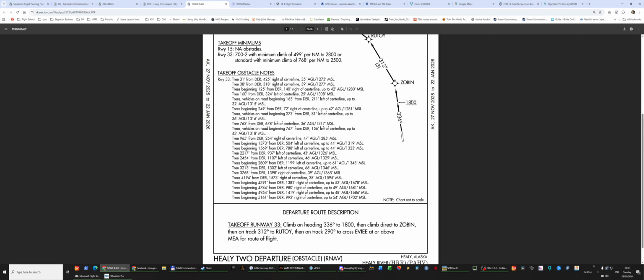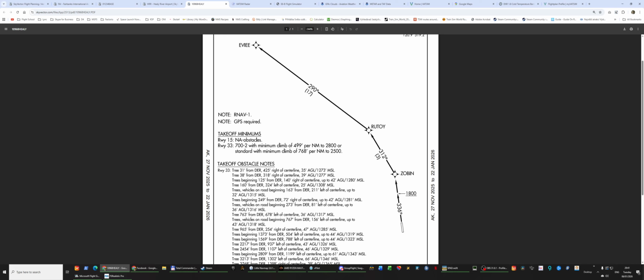There are no other kind of altitude restrictions here, as long as we are able to maintain this minimum climb. Standard, yeah, we don't have this one, so we need to maintain 768 feet per nautical mile to 2,500 feet. So let's not do that to 2,500, but let's do that to 2,700 or 2,800 based on the correction table. Understood? I hope so.